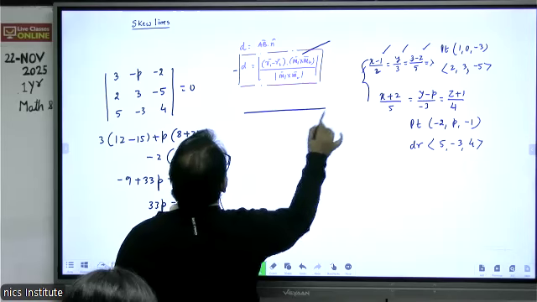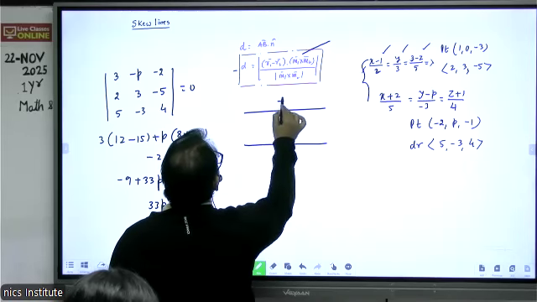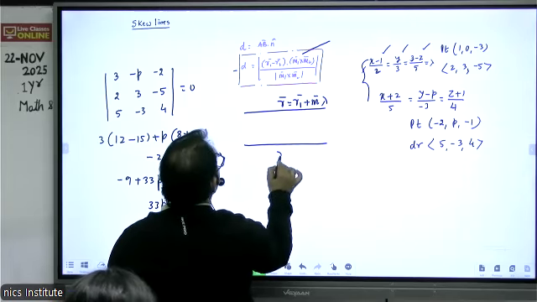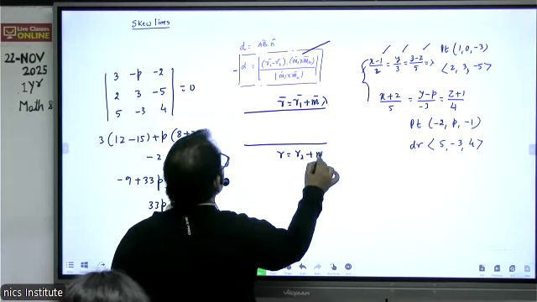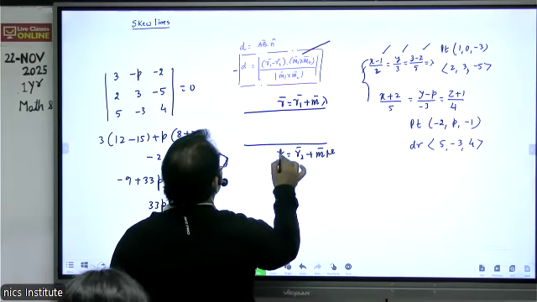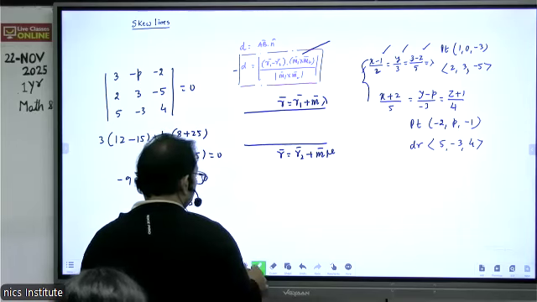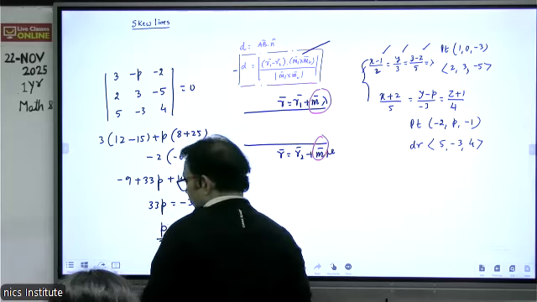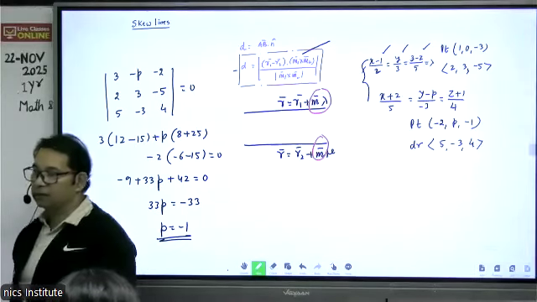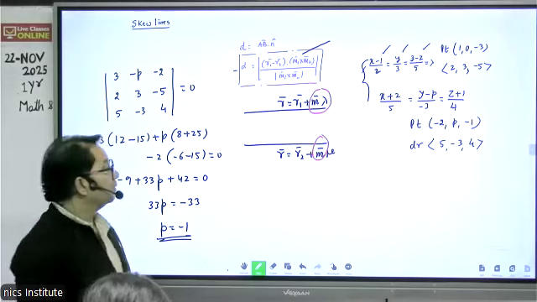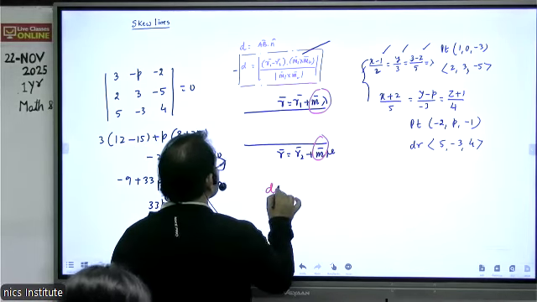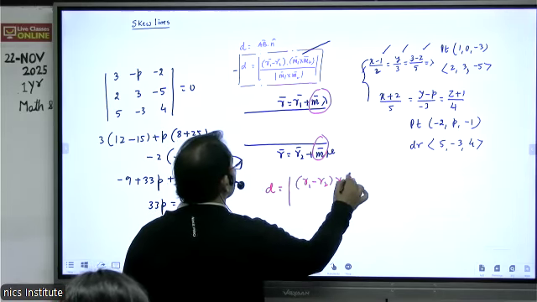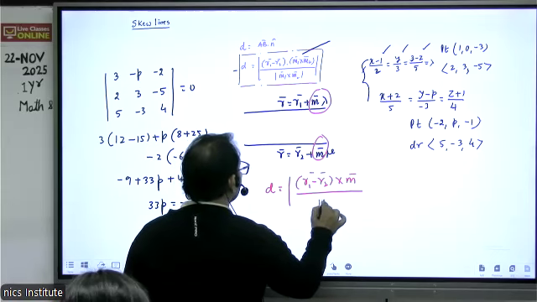So the lines are parallel. One line would be R equal to R1 plus M lambda. Second line would be R equal to R2 plus M mu. So both the lines have M which are in proportion. That means lines are parallel. This formula will not work. So for parallel lines, the formula for the distance is R1 minus R2 cross M divided by mod M, entire mod.